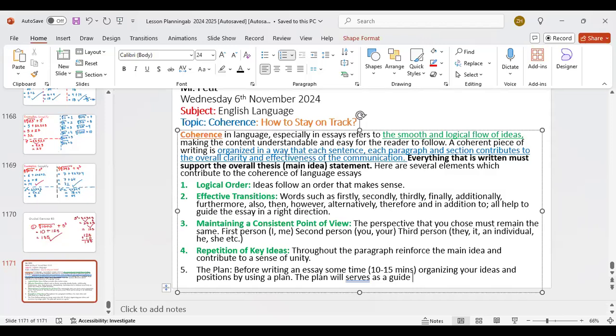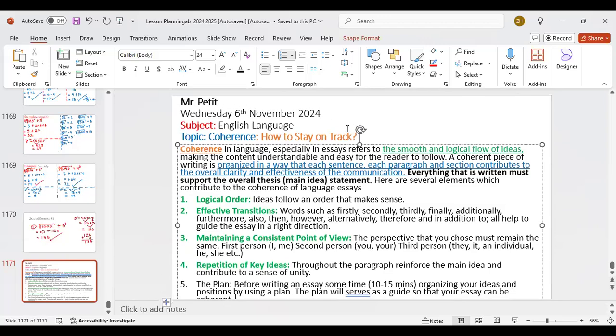So basically the plan is going to be your guide so that your essay can be coherent. So that's what you want.